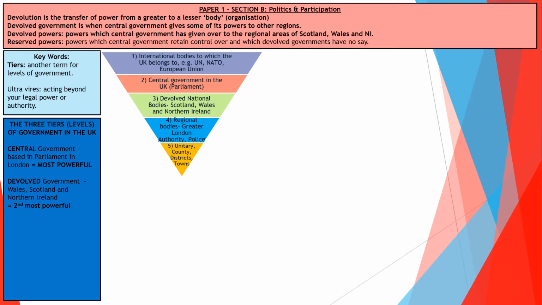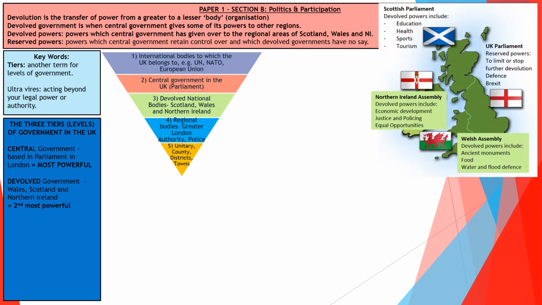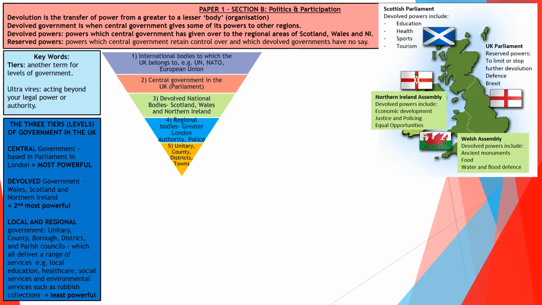A devolved government would be Wales, Scotland, Northern Ireland. They're the second most powerful. And the devolved powers we have often allow control of education, of health systems, tourism, agriculture, water and flood defences. So often, again, these would be the devolved powers.